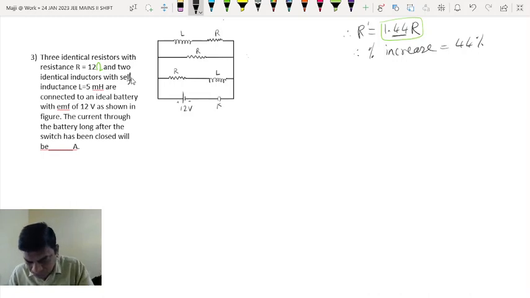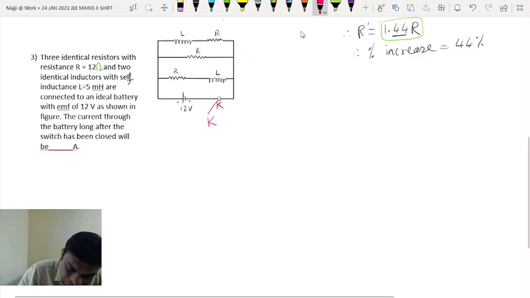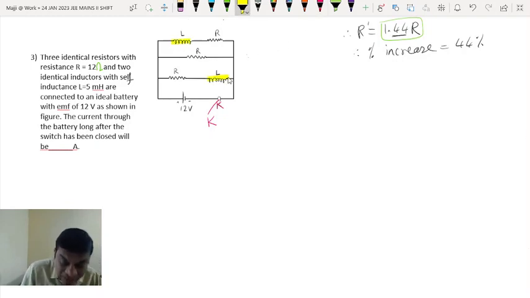Okay. Now see students, these kinds of questions are very simple to handle. When it is given that after a long time when the switch is closed, that means there is a property of inductance: inductance offers zero resistance after a long time when the connections are established.